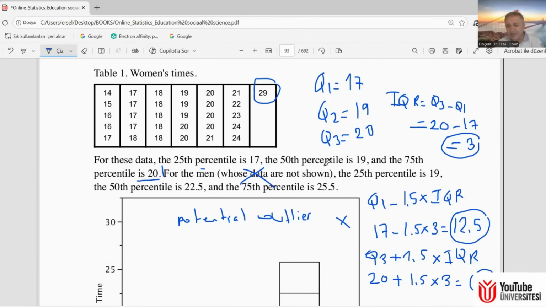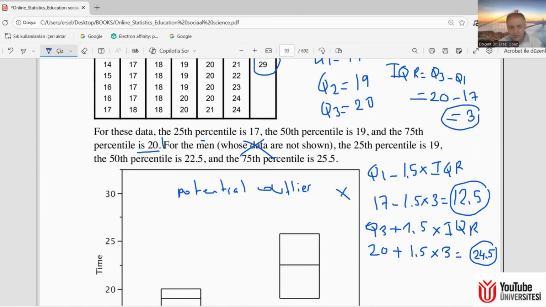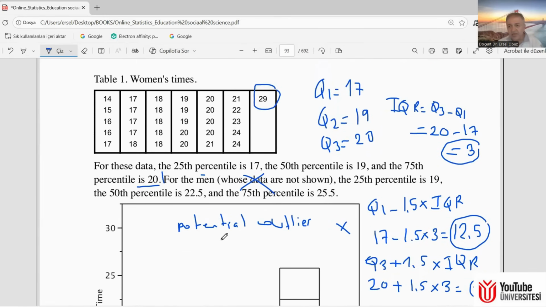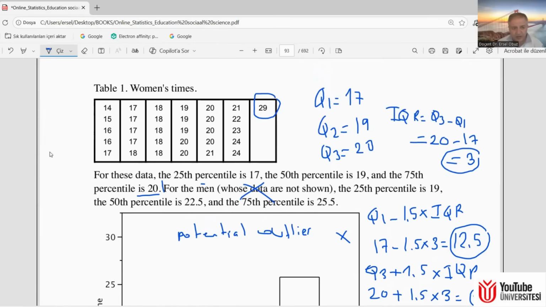So what's going to happen in that case? What you should do, when you draw the box plot, you should start with the minimum, which is going to be 14, okay? Then you will get Q1, which is 17.